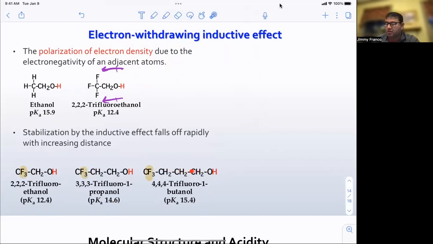There are more carbons in between, and it helps less and less. So the smaller the pKa, the more acidic. You can see this one was the most acidic molecule. The fluorines were the closest. We get them a little bit further away, it becomes less acidic. We move them even further away, and it becomes even less acidic. So the closer those electron withdrawing groups are, the more they help.